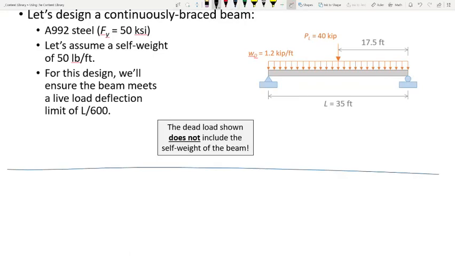So step one, what we're going to need to do is determine Mu, and also Vu. Now to be clear, as I've said, shear doesn't greatly impact steel beam selection in routine building design, but if we're doing analysis, we might as well go ahead and get some of these values.